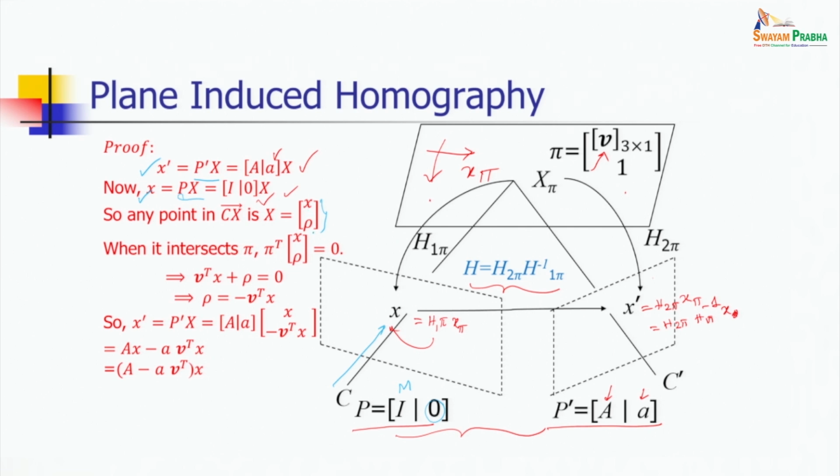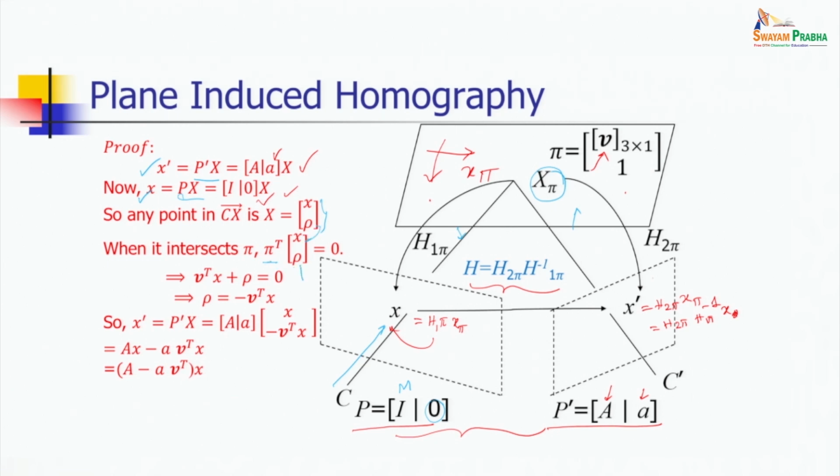That's why you write x rho, and since it intersects the plane, we compute the respective x pi. You compute the intersection of this line with this plane, which means this point lies in the plane.